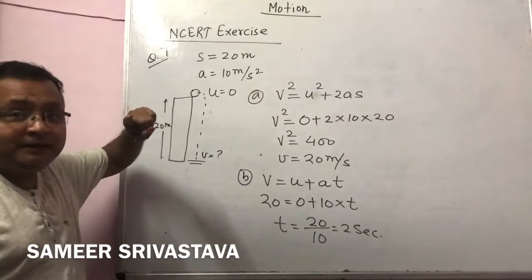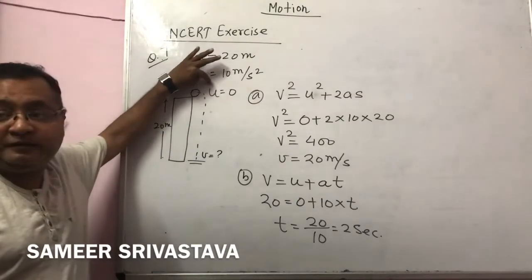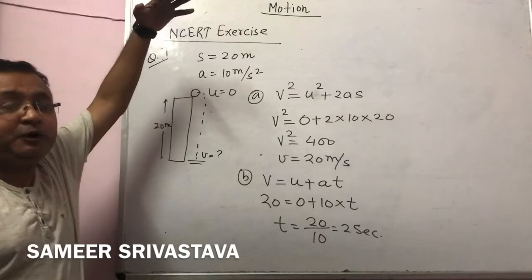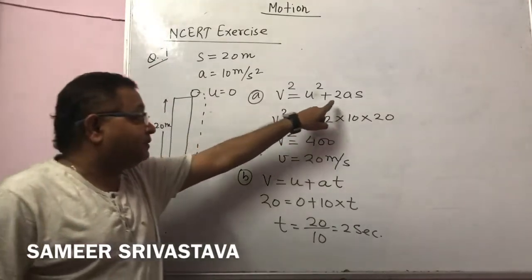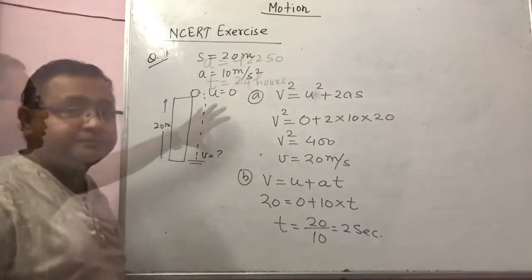One thing remember, whenever ball is dropped from some height, its initial velocity always takes as 0, and the acceleration always taken as positive. Okay. Now the question number 10.